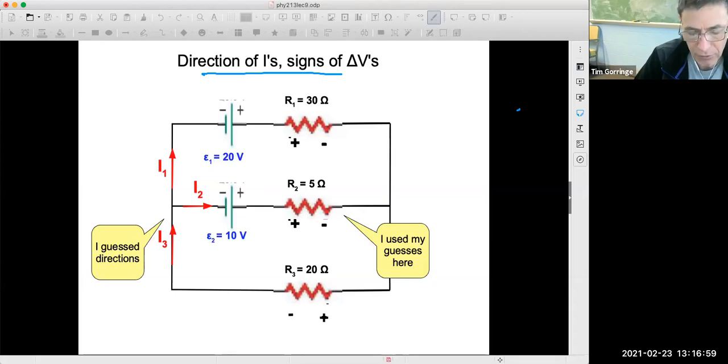So you need to have directions for the currents. And what you actually do is guess the directions of the currents. So we're just going to guess the directions of the currents.